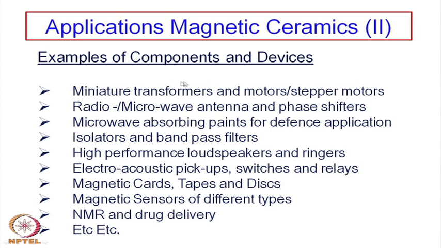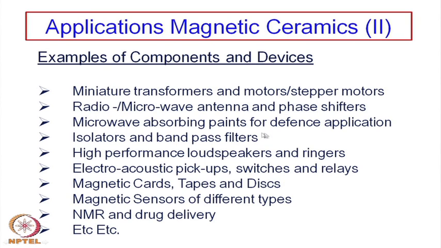So, if you are talking about miniature systems of either transformers, the pot cores, or very minute or very small miniature systems or components, one can use these ceramic magnets. Radio and microwave antenna and phase shifters, particularly in communication and also in defense.